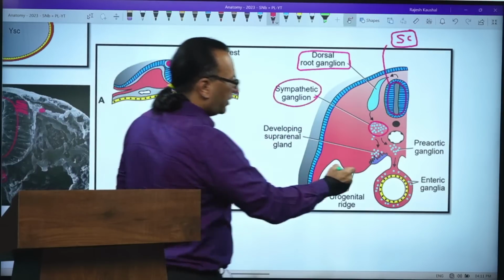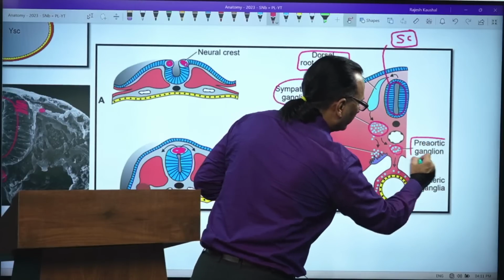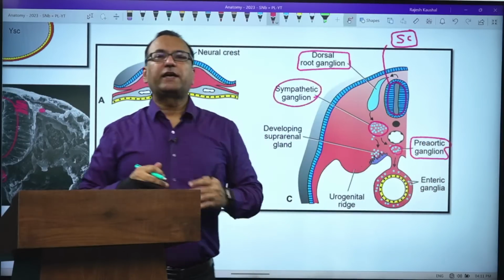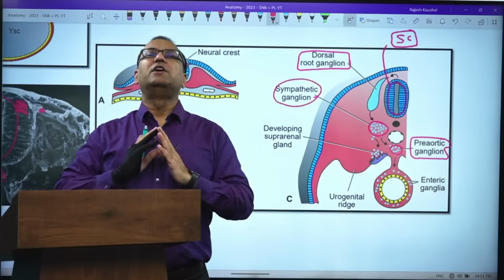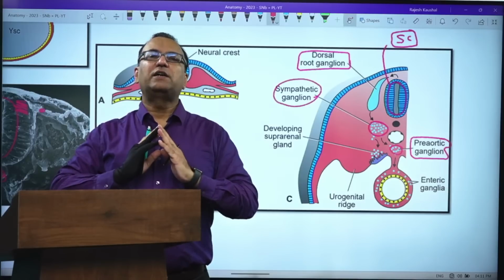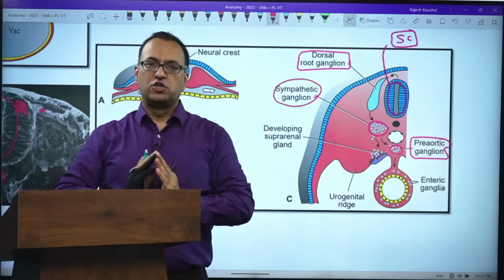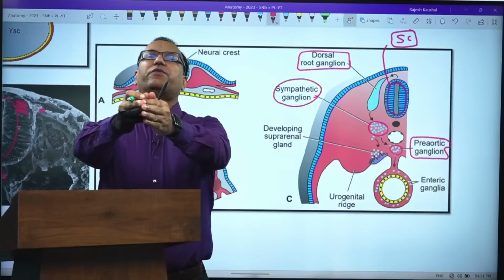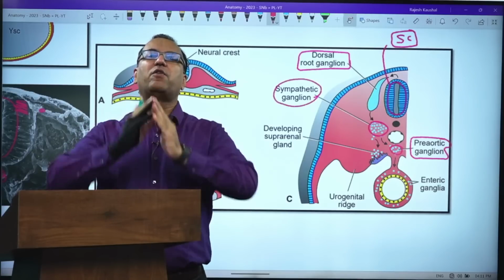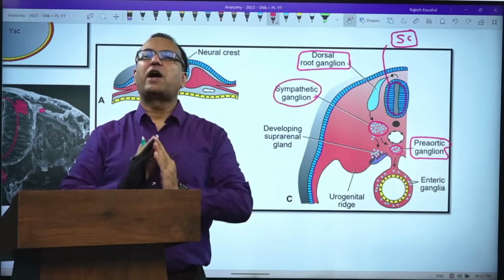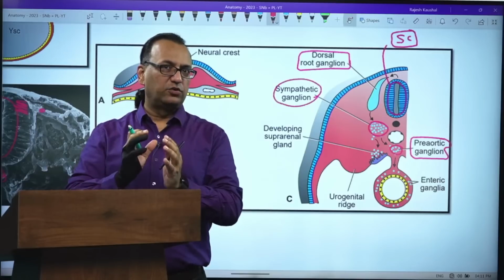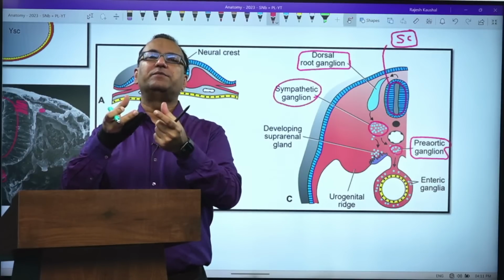Neural crest cells are also forming pre-aortic ganglia. Pre-aortic, like in the abdomen, you have the gut tube, the aorta giving you the branches to foregut, midgut, hindgut. For example, celiac artery for foregut, superior mesenteric artery for midgut, inferior mesenteric artery for hindgut. And each gut tube will have its own respective ganglia.